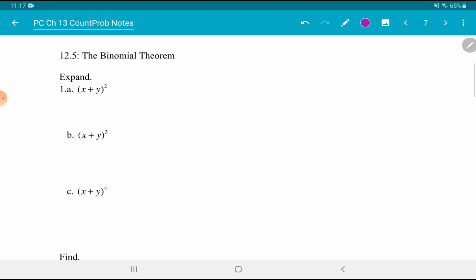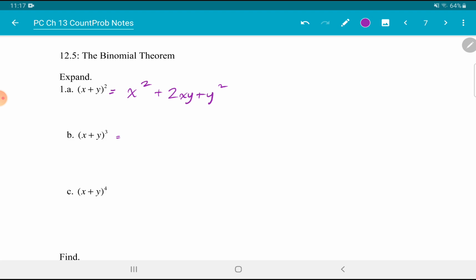Now that you've finished expanding those binomials, let's go ahead and see what you got. In the first case, that one was pretty basic, something that you've seen before. Most likely you got something along the lines of x squared plus 2xy plus y squared.